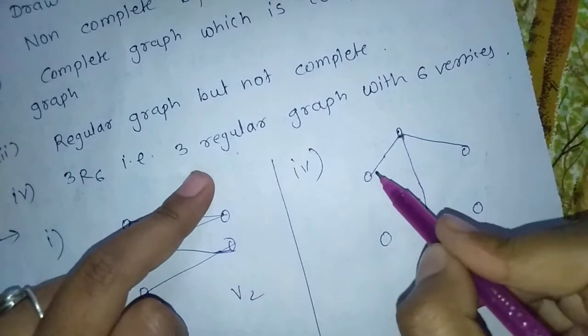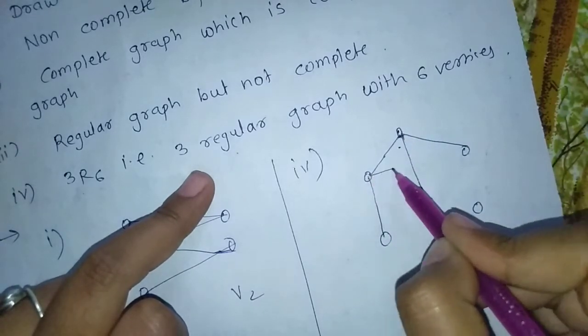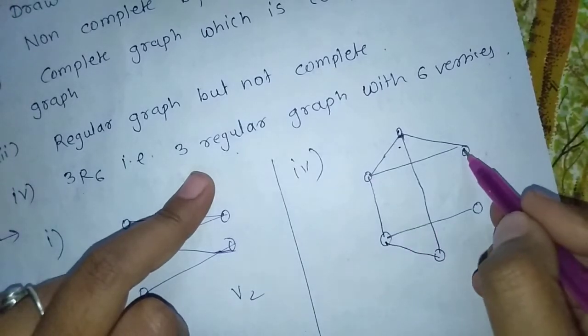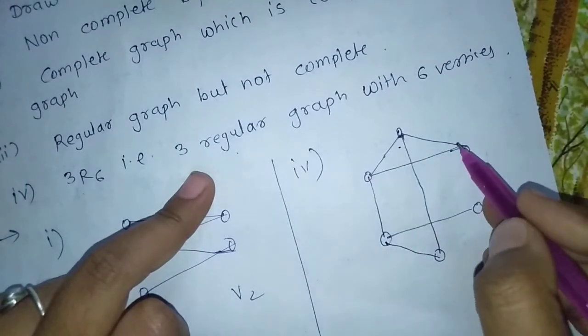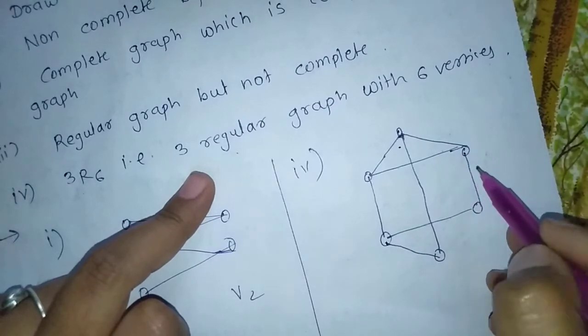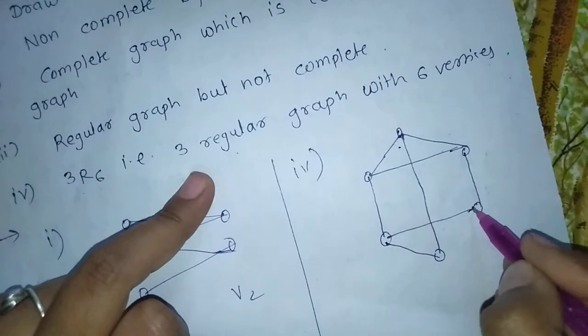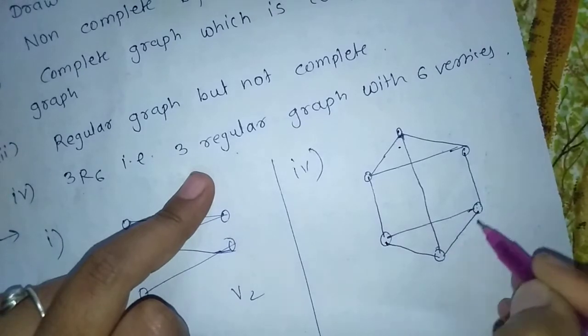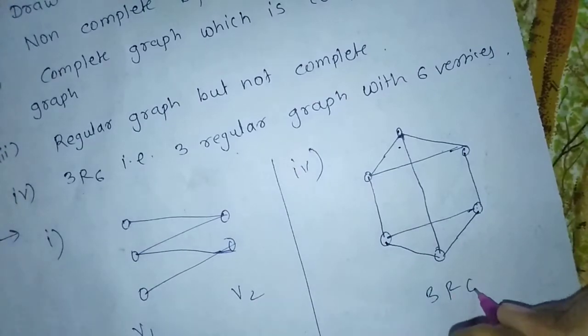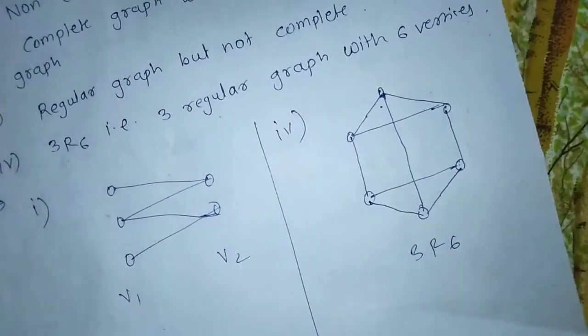This vertex has degree 3, this vertex also has degree 3, this one also, and this one also. Already we drew 1, 2 here. Only this one remains, so this vertex has degree 3. This vertex has degree 2. Join this, so this vertex has degree 3. So this is a 3-regular graph with 6 vertices.